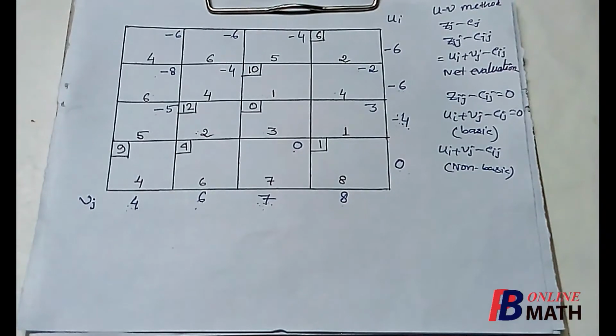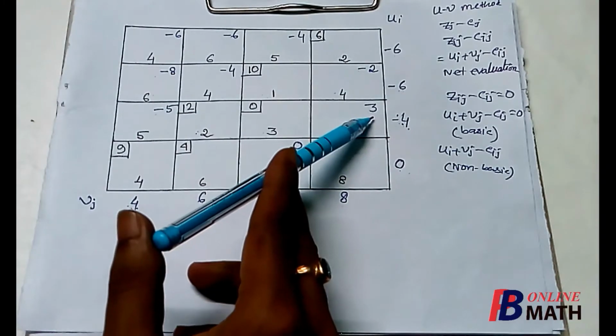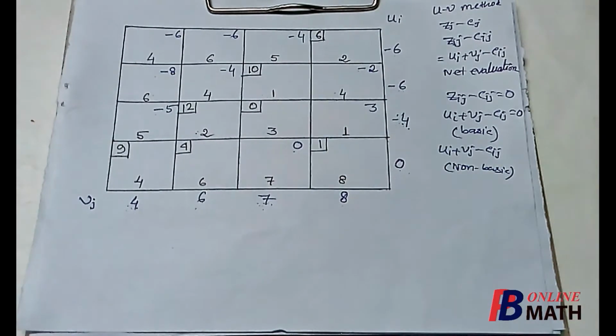That means we have computed all the values of zij minus cij. Now since this is a minimization problem, the solution is optimal if all the values of zij minus cij are non-positive for the non-basic cells. If we check the values, we find that only one value is positive and all the remaining values are non-positive.